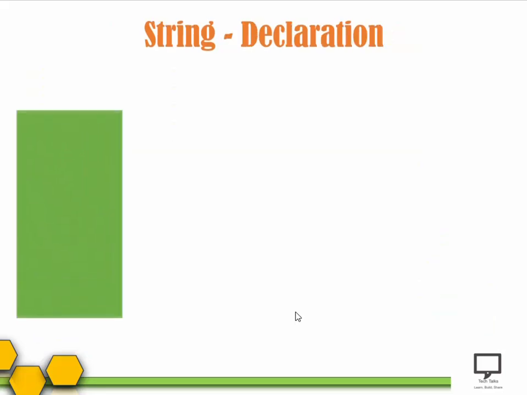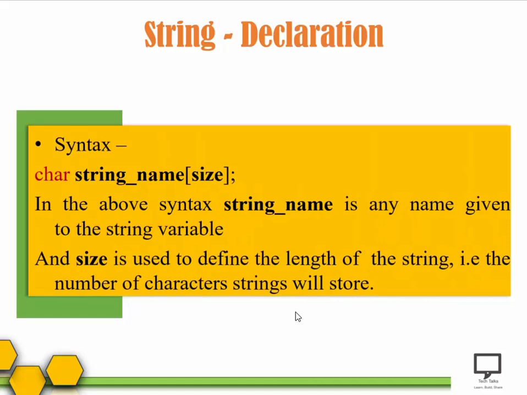First of all, let's see how we are going to declare a string in C programming. This is the syntax, where char is the data type, because it is a sequence of characters, followed by the name of the string, and then a subscript having the size of the character string.